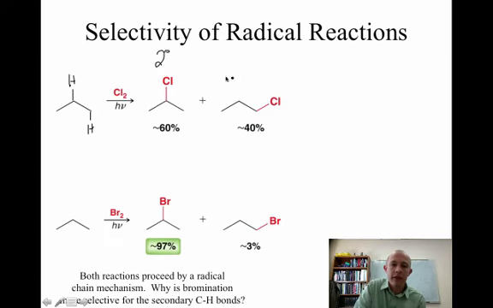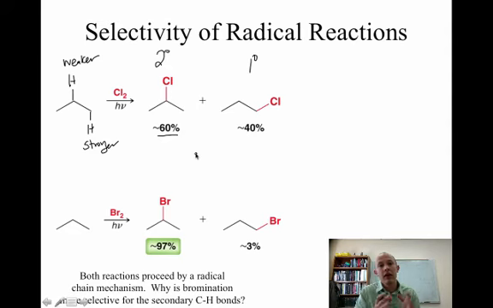Hopefully that makes sense, based on what we know about the strength of different CH bonds. This CH bond is weaker. This CH bond is stronger. So it's more likely that the weaker CH bond will break to form the more stable secondary radical, which will then undergo chlorination.